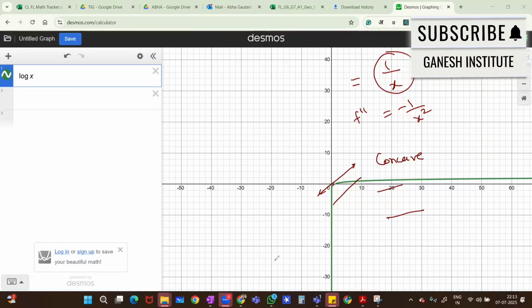Can you see what's the value of y? Considering these points, y is almost stable here and here it is going down. As x is increasing, it is becoming more stable, no?